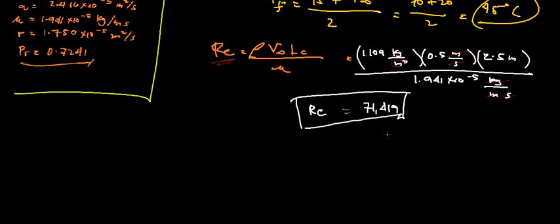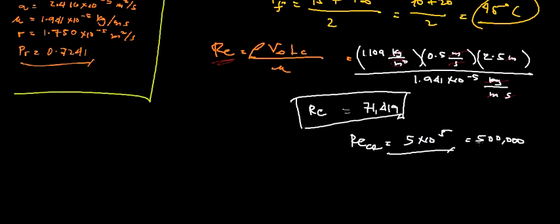If you can still remember, for a flat surface the critical Re is equal to 5 times 10 to the 5, or it is also equal to 500,000.